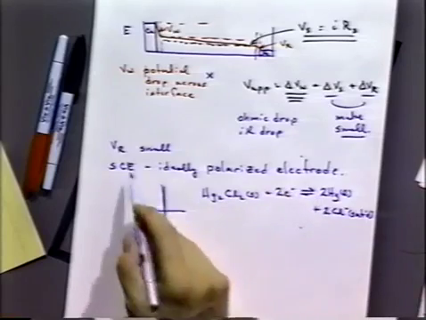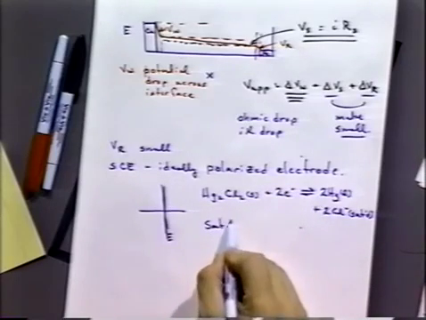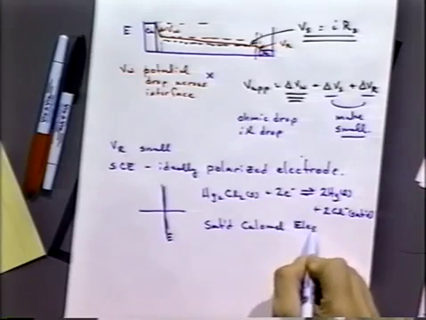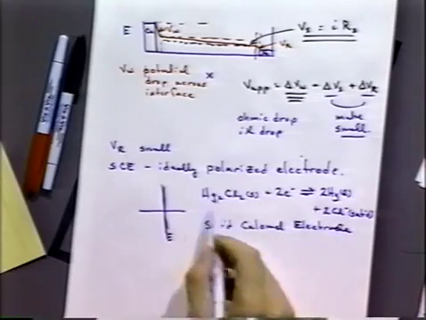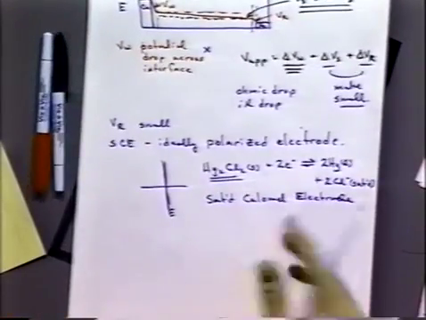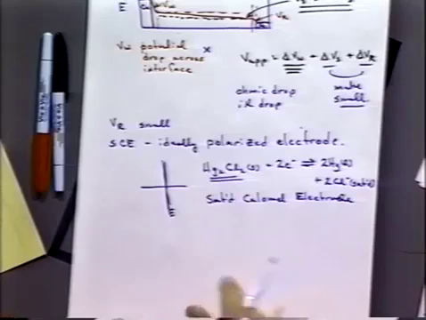So this is a saturated calomel electrode, SCE, and this is calomel. What's the potential of our saturated calomel electrode? Why is it a good reference electrode?